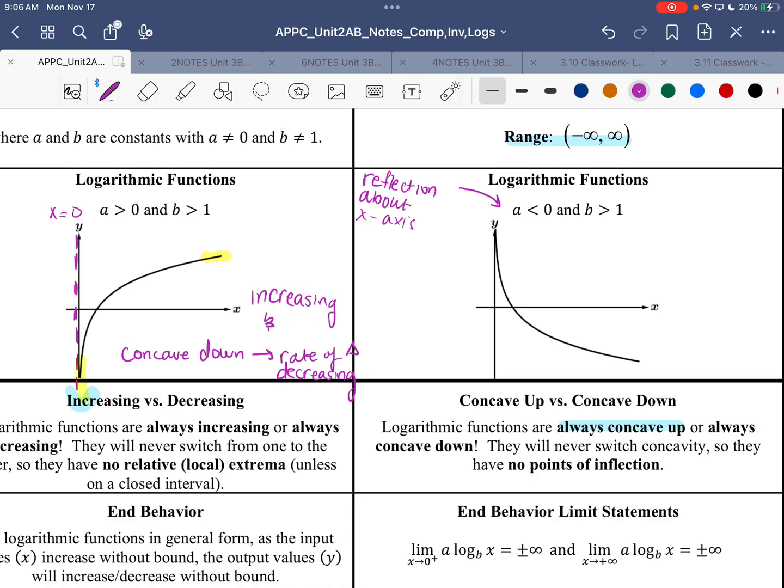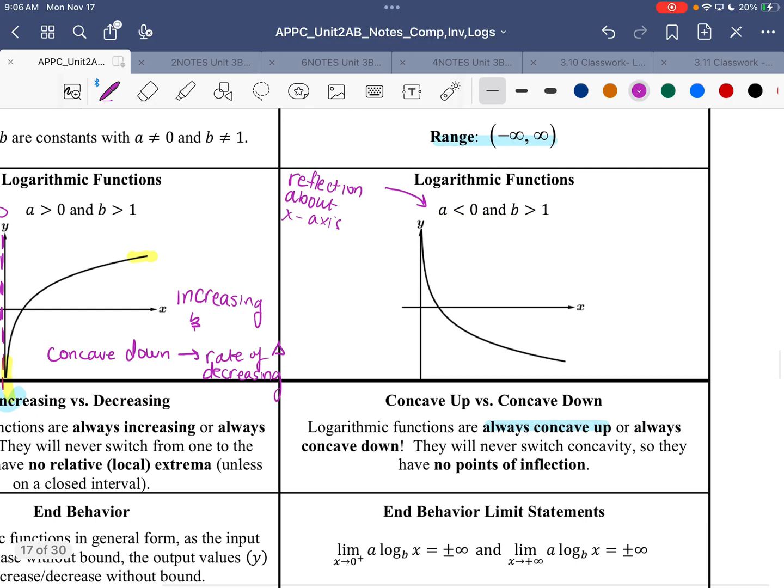The graph on the right is always increasing or decreasing? Decreasing. It's always decreasing. Remember, when we're talking about increasing or decreasing, we're reading it from left to right. So the graph is decreasing as the x's are increasing. So the y's are always decreasing and concave up. So when something's concave up, its rates of change are increasing.